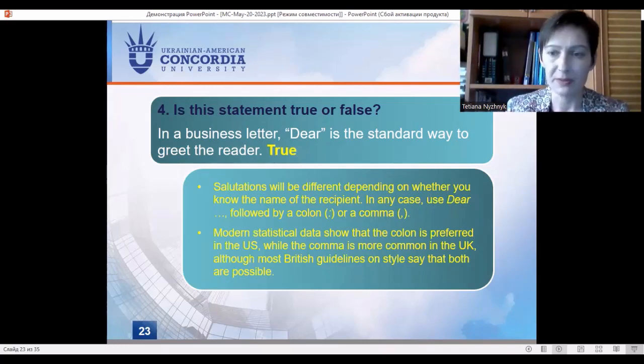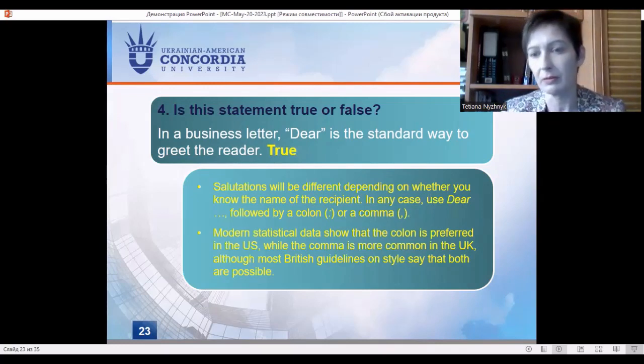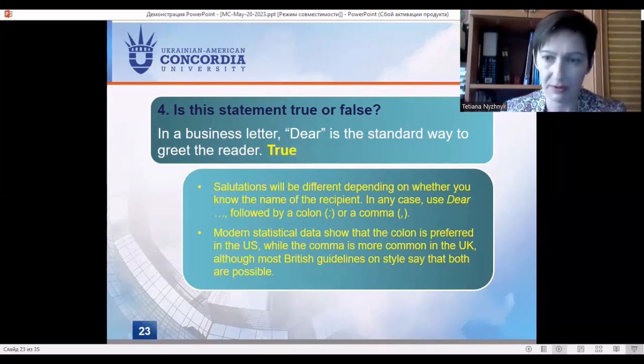Most American writers prefer a comma if you use the closed or mixed punctuation style, of course. One word of warning: don't put the exclamation mark after the salutation as we normally do in Ukrainian business writing, because this seems very, very strange.